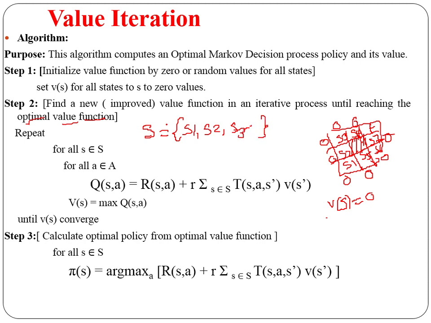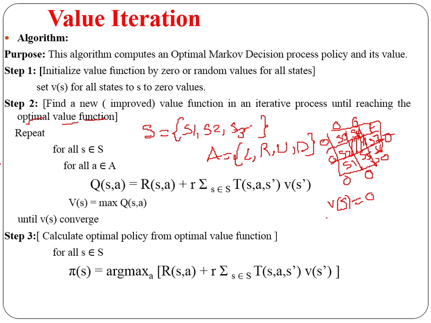For each state I have to perform each action. A small a refers to an action and capital A refers to the set of actions. The actions can be left, right, up, down in the grid world example.